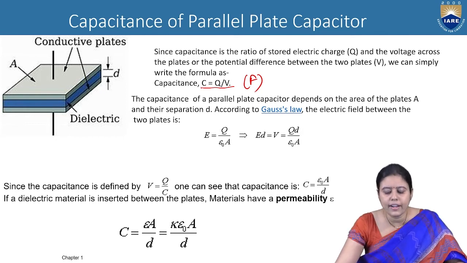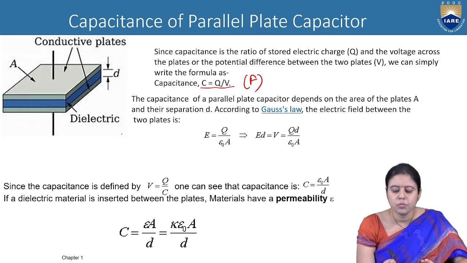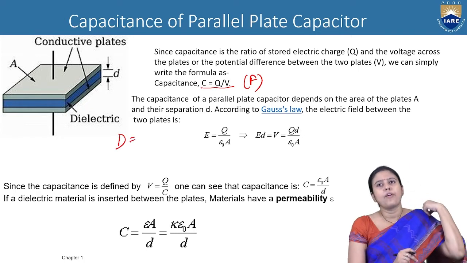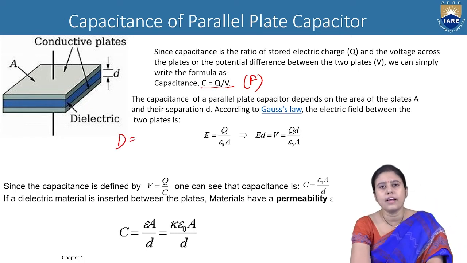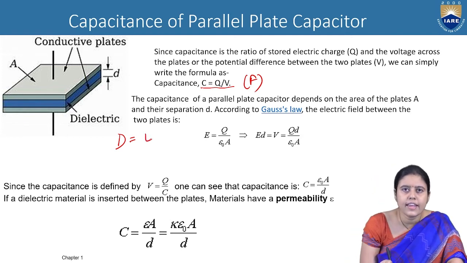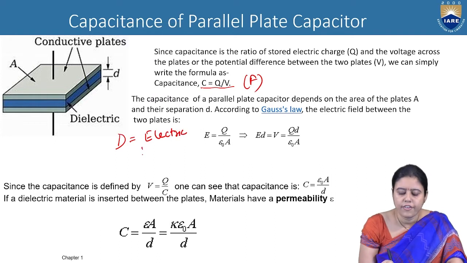In the parallel plate capacitor, we already know from the Gauss law, what is D? D is known as the electric flux density.